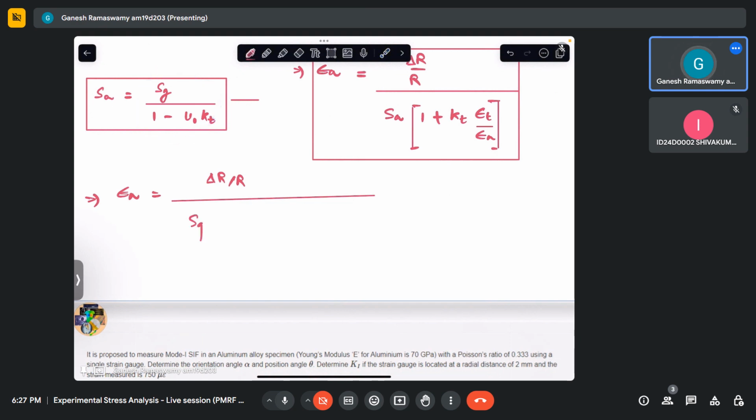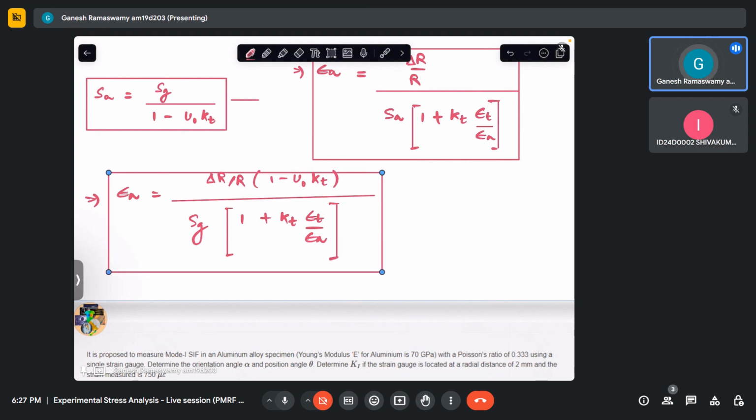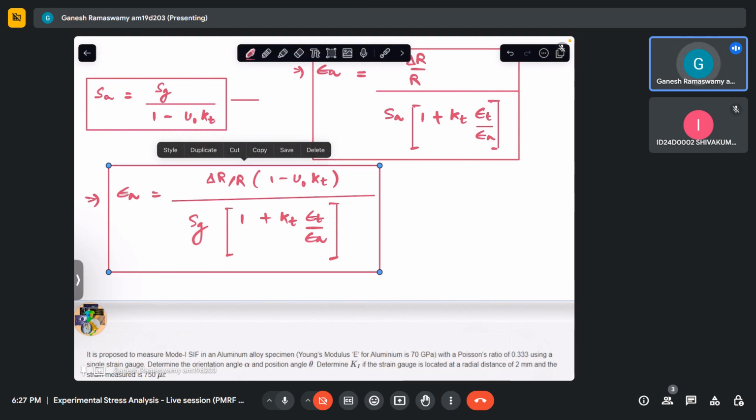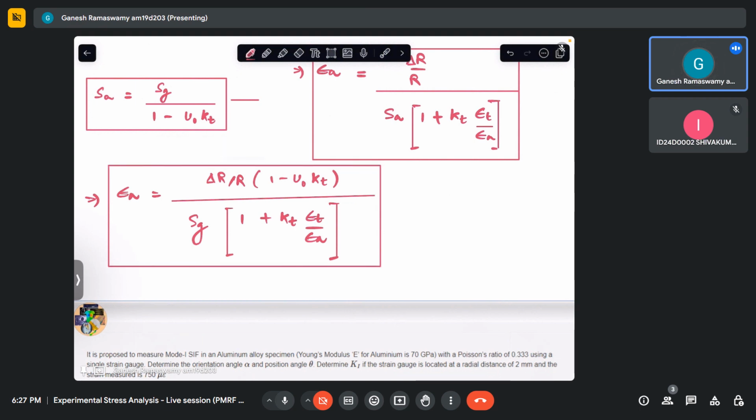So I have here Sg into 1 minus mu naught Kt into 1 plus Kt into epsilon T by epsilon A. So this is the measure of the actual strain in a problem when there is a mismatch between epsilon T by epsilon A and mu naught.